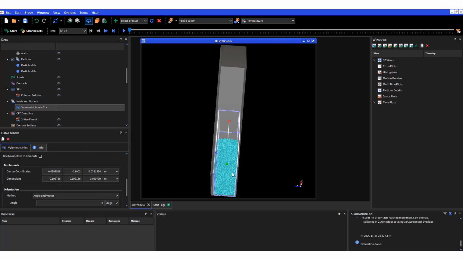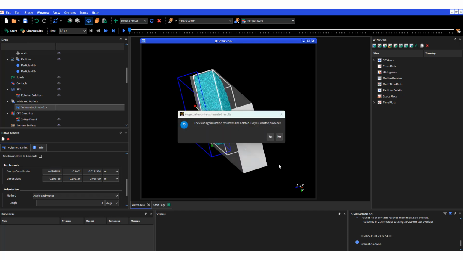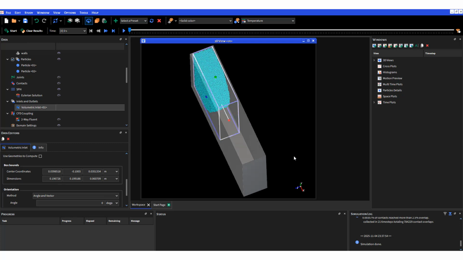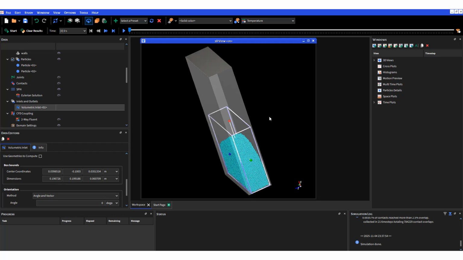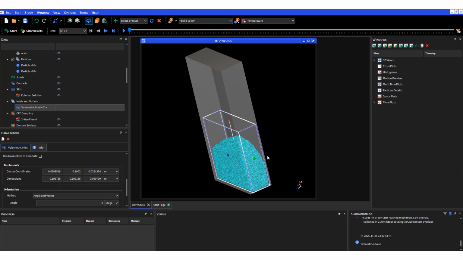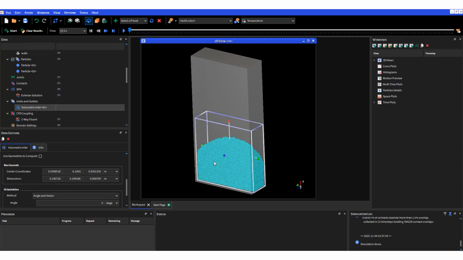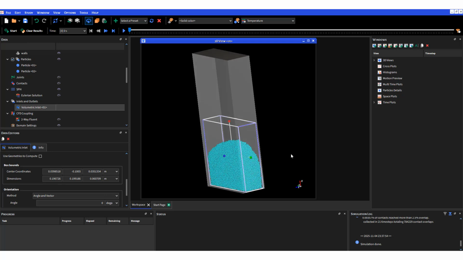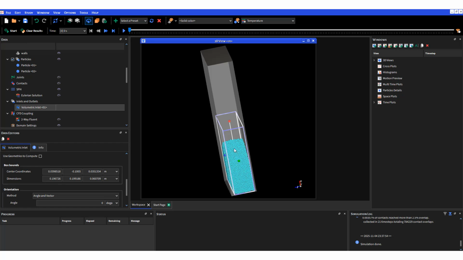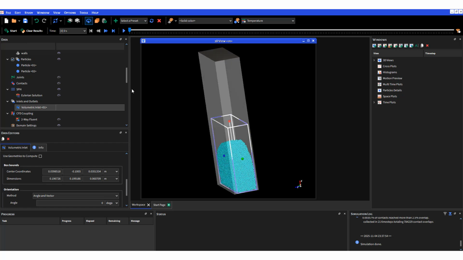I roughly got the geometry manually here. That allows me to set up a region within my domain where I want the particles to be initialized. Once the simulation starts, the particles are going to settle, but not quite, because they're already experiencing the flow of air coming from the bottom.